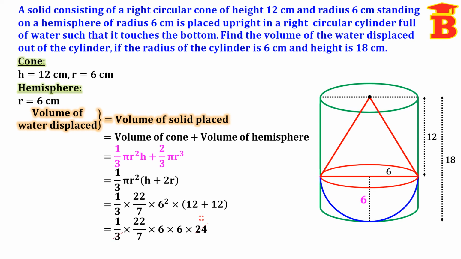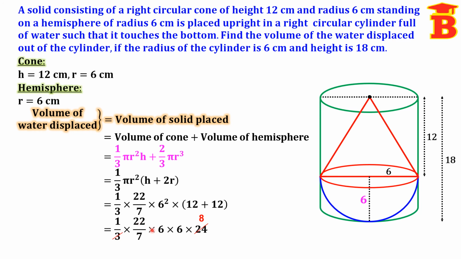Here we can cancel 3. So cancel 3 and 24 8 times, and this 7 we cannot cancel. So just multiply all the numerator numbers, after that divide by 7. If 7 is not possible to cancel, we can take the pi value as 3.14. So in that case we get a slightly approximate answer.